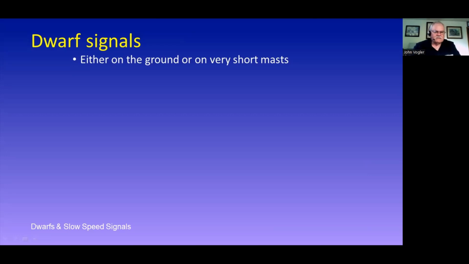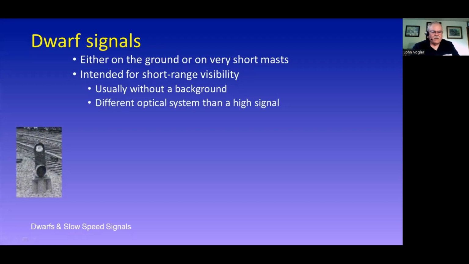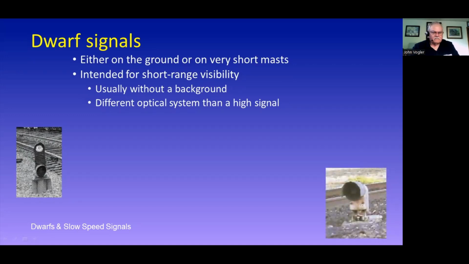So dwarf signals are typically either on the ground or on a very, very short mast. They're not intended to be visible from a distance. They usually don't have a background at all. It's just a light unit. And it's got a way different optical system than a high signal. These are a couple of examples.